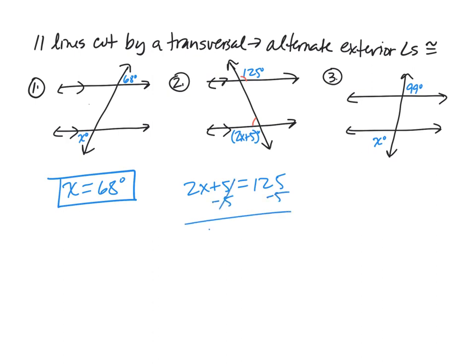Subtract 5 from both sides, we get 2x equals 120. Then I'm going to divide both sides by 2. So x is equal to 60. And again, I'm not going to put a degree bubble on this answer because we would have to put x into this expression, take 2 times that 60 and add 5 to it to get the angle measure. All right.